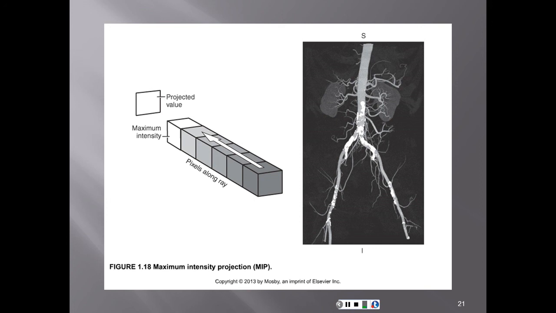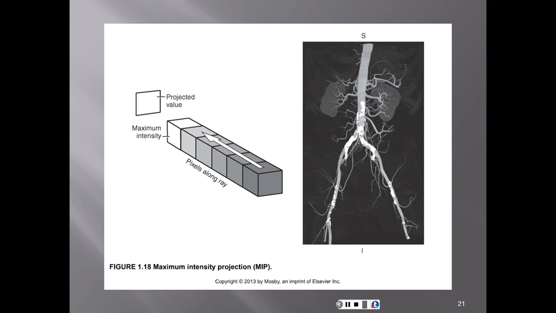This comes in handy when you have enhanced body structures and you want to see the body structure more clearly, or you want to separate the enhanced tissue from the unenhanced tissue. You add contrast to that tissue, and that contrast is what's picked up during that ray when you try to segment out the maximum intensity voxel.